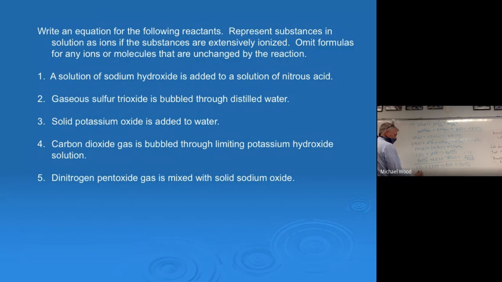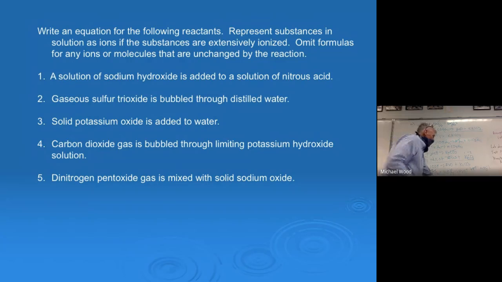So if I dissociate those, and then if I get rid of the spectator ions, that's what leaves me overall. Either way would work for me.